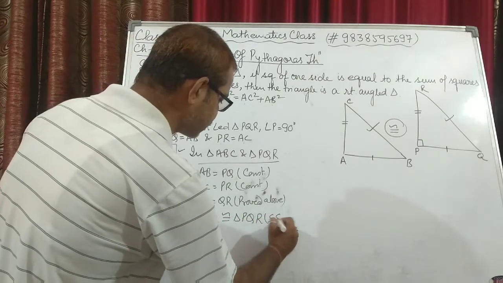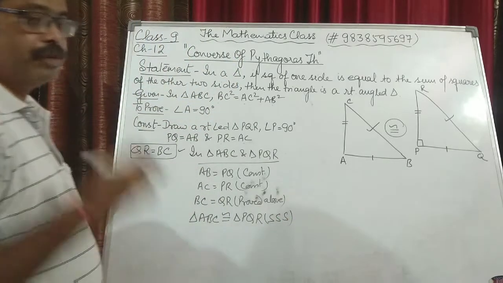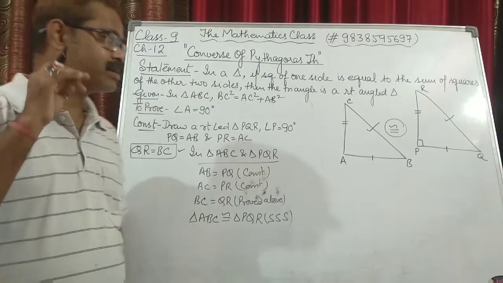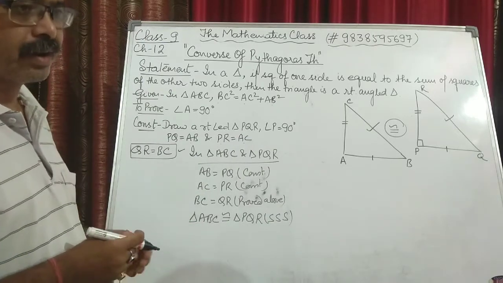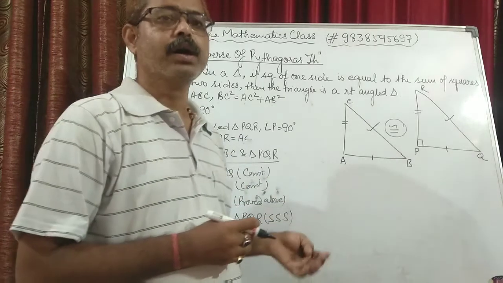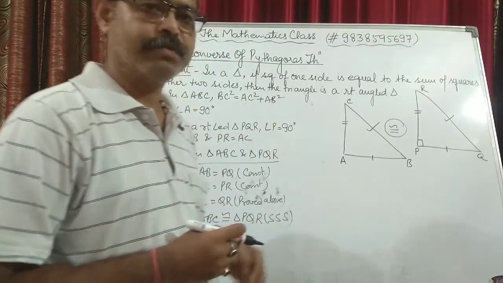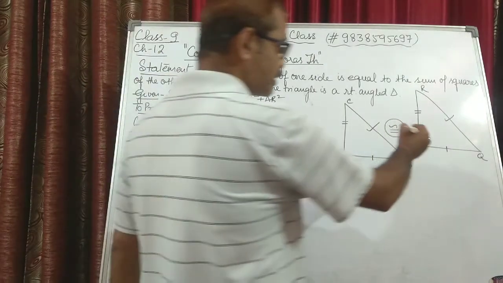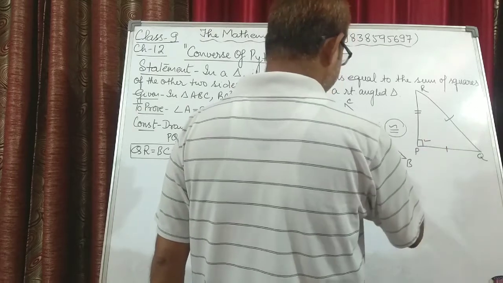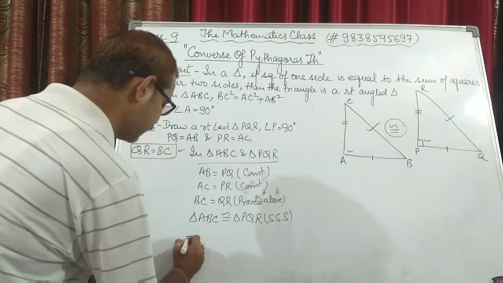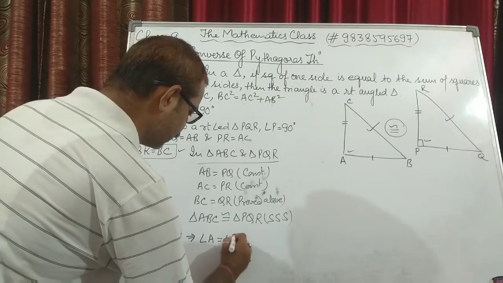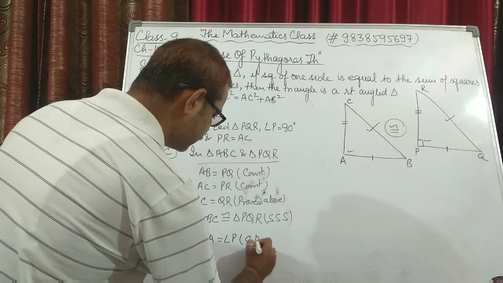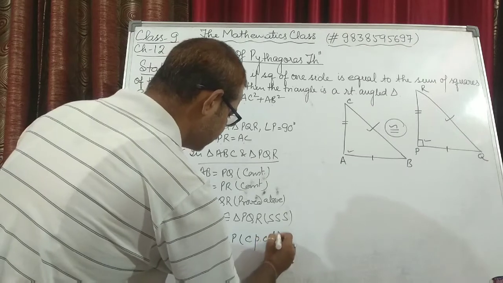Reason is SSS rule. We know that when the triangles are congruent, then all the 6 elements of one triangle are equal to the corresponding 6 elements of the other triangle. It means that angle P and angle A are equal. So we can say that angle A is equal to angle P, and reason is CPCT.